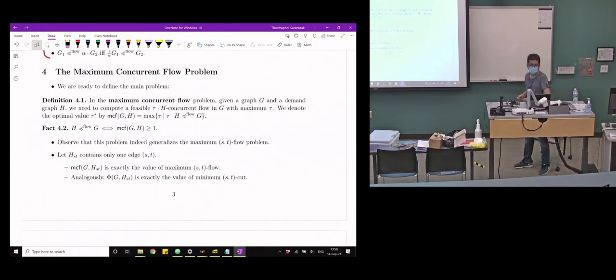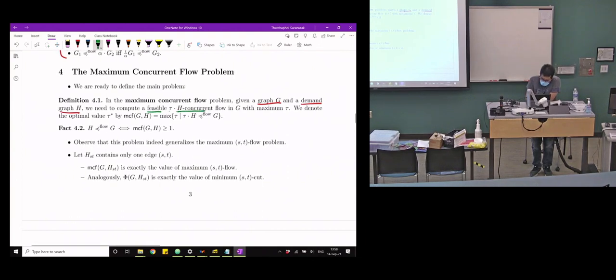So now I can define the main problem that we will look at. It's called maximum concurrent flow. In this problem, you are given a graph G and a demand graph H, and you would like to find a feasible H concurrent flow.